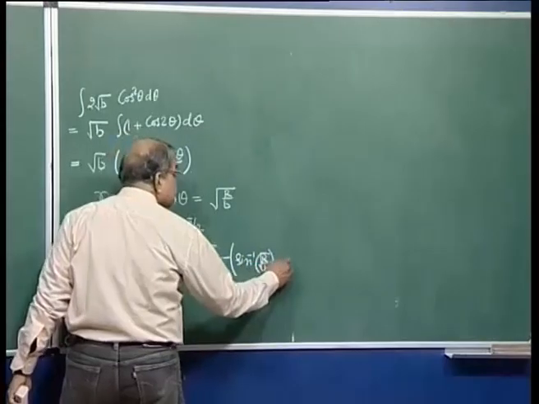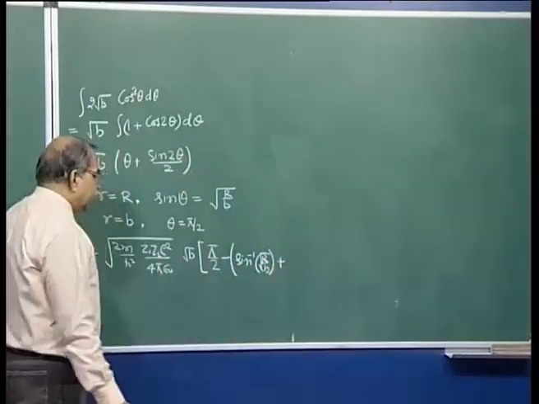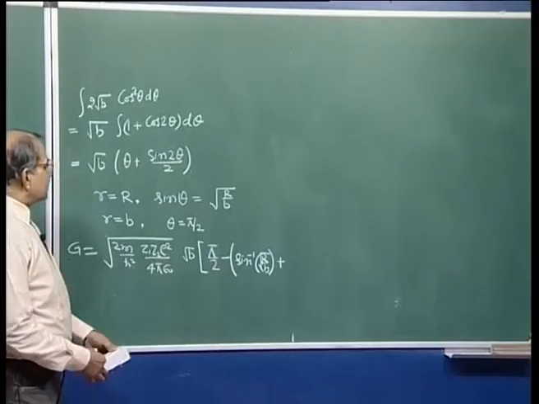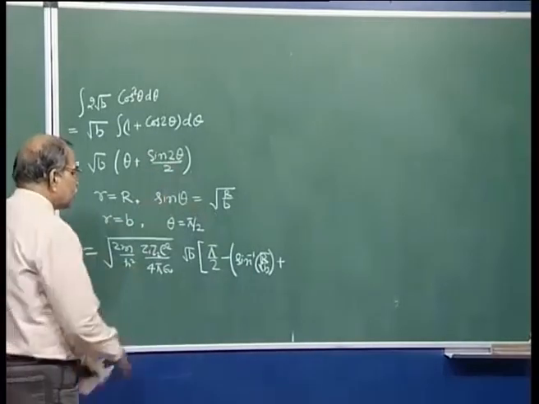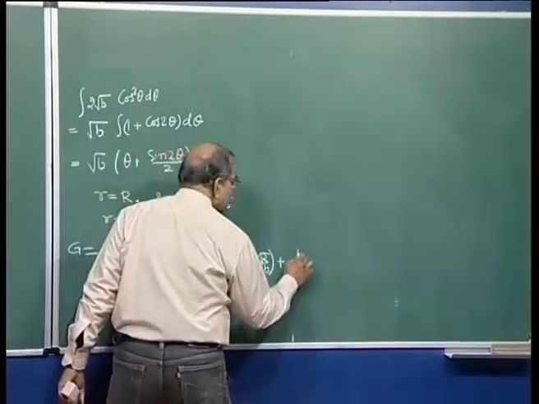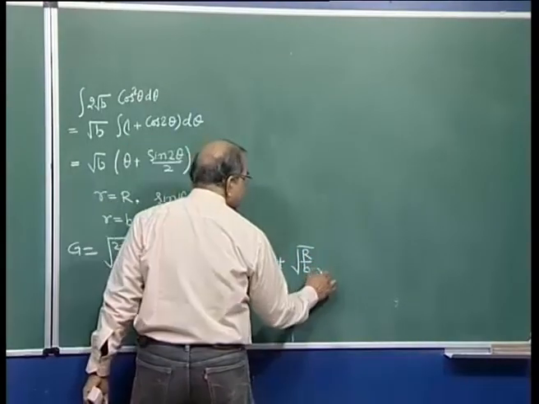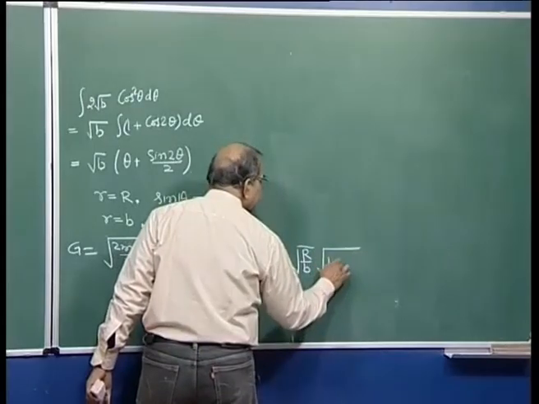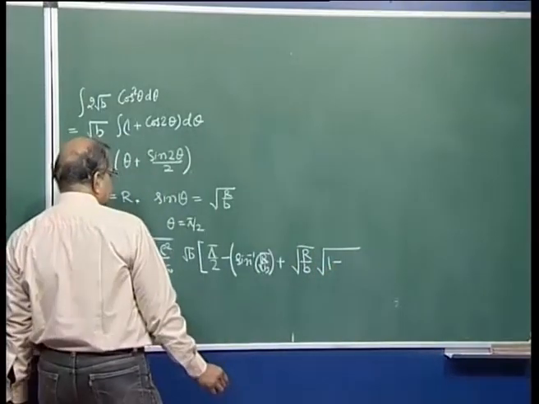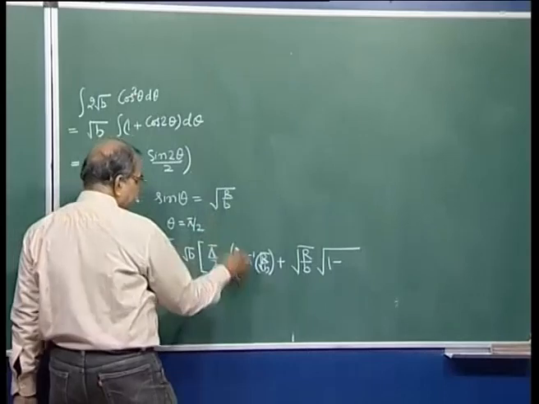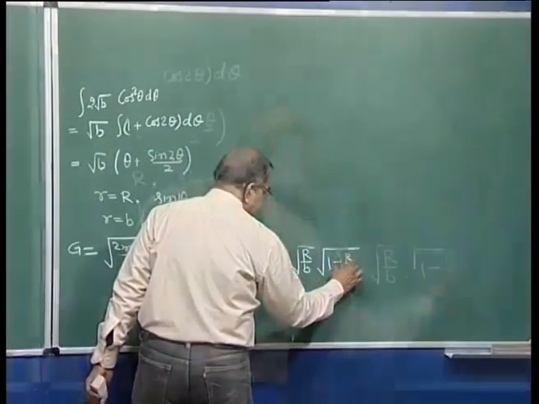Sin 2 theta is 2 sin theta cos theta, the 2 goes away, so it is sin theta into cos theta, and sin theta is square root of R by b, and cos theta is square root of 1 minus sin square theta, and sin square theta is R by b. So, it is R by b here.